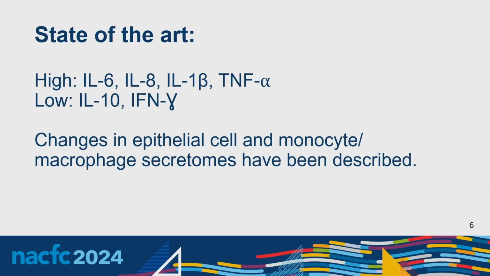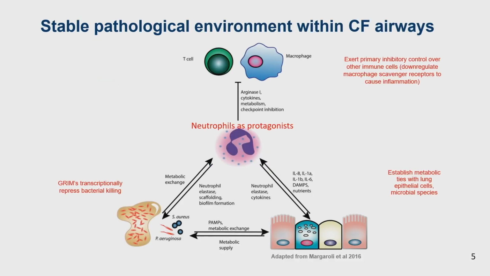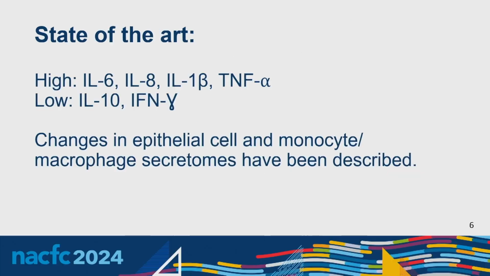Now, we know that these neutrophils are certainly secreting a lot of chemokines and cytokines into this microenvironment. And the state of the art is such that from BAL and sputum samples, we now know that there is high IL-6, IL-8, IL-1 beta, and TNF-alpha present in these two biofluids from CF, whereas IL-10 and interferon gamma are downregulated.